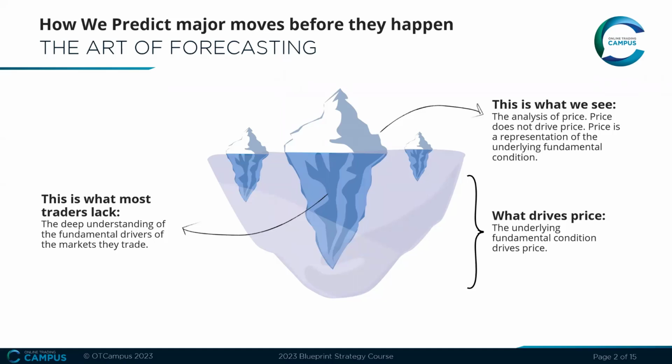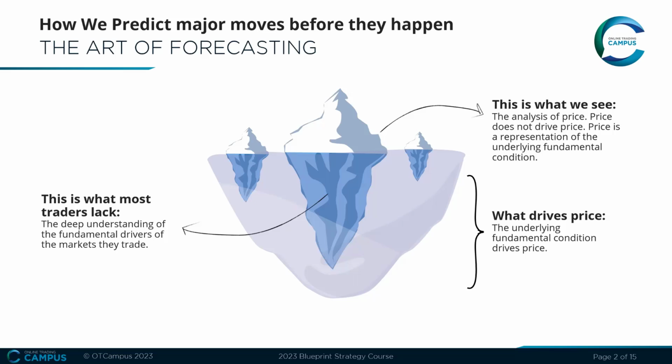We looked at location and direction on a higher time frame to identify bigger picture context in terms of the current trend condition, as well as areas of price that we would perceive as very low, low, high, very high, or equilibrium. These were the areas where we would expect price to turn if, caveat, it's also within the right context of fundamentals. So this is what we can see.